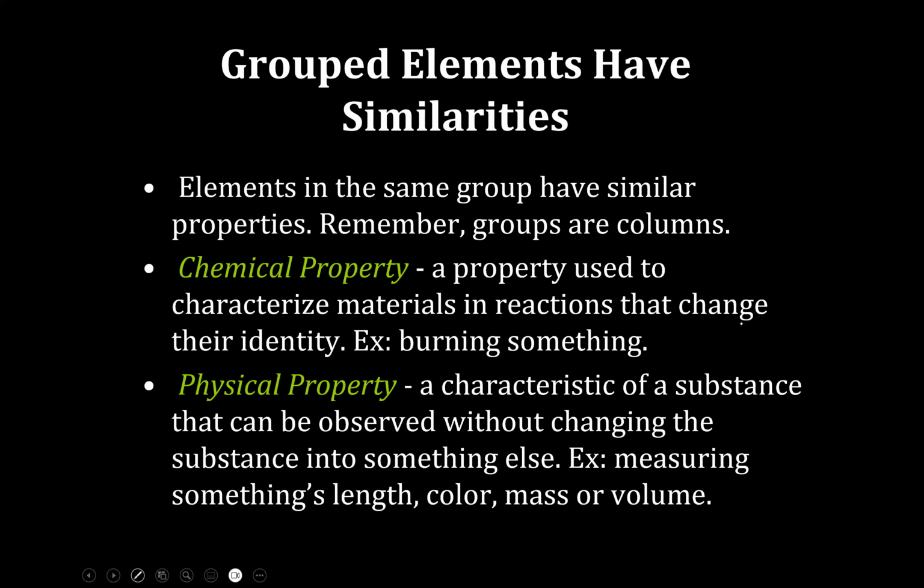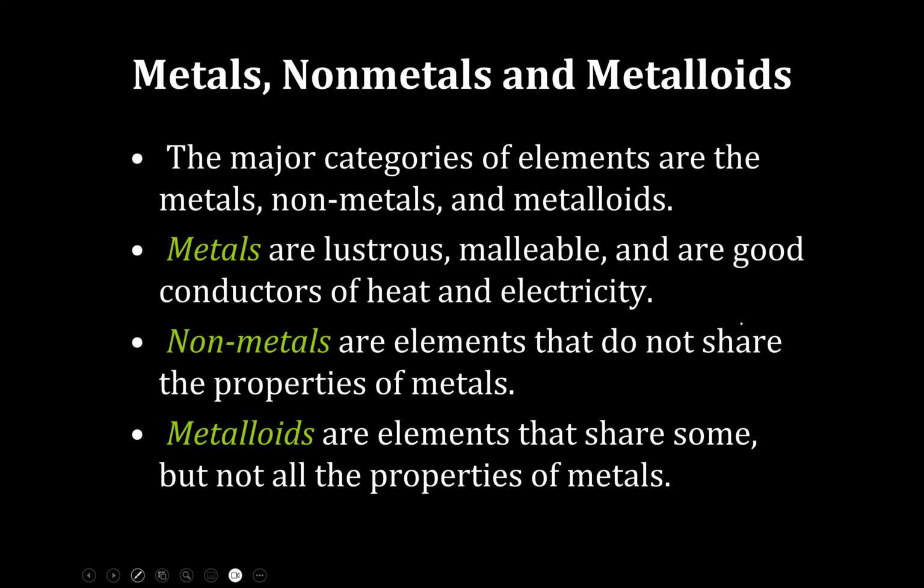For example, the big ones are metals, non-metals, and metalloids. So basically, the major categories of elements are metals, non-metals, and metalloids. So metals, you know what metals are, right? For example, iron is metal, steel is metal, zinc is metal. Non-metals are elements that do not share the properties of metal.